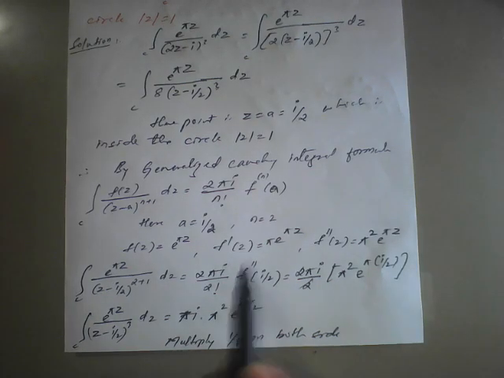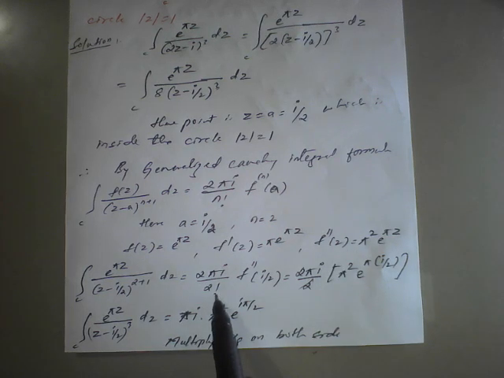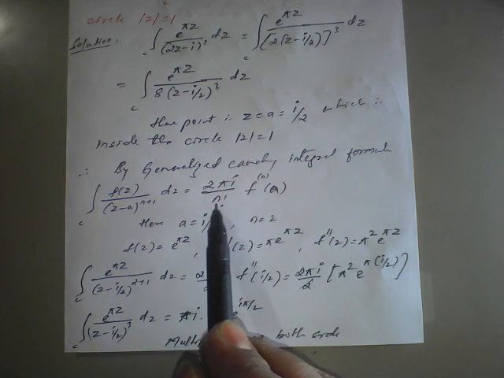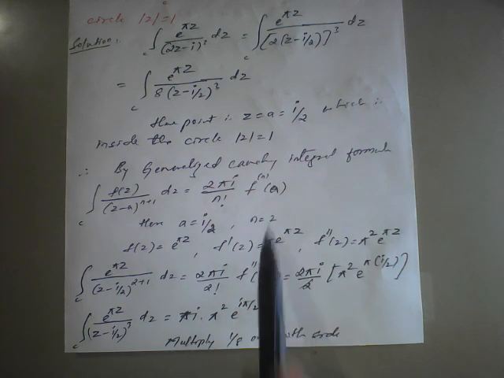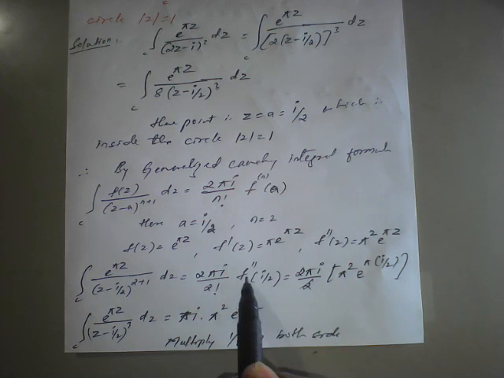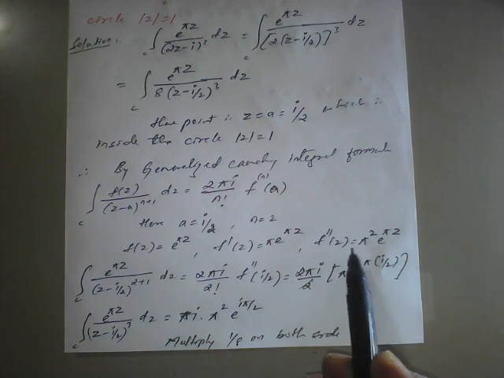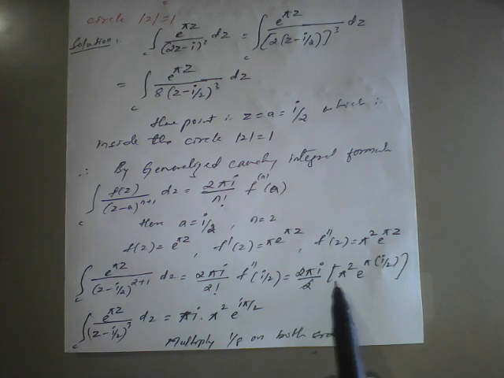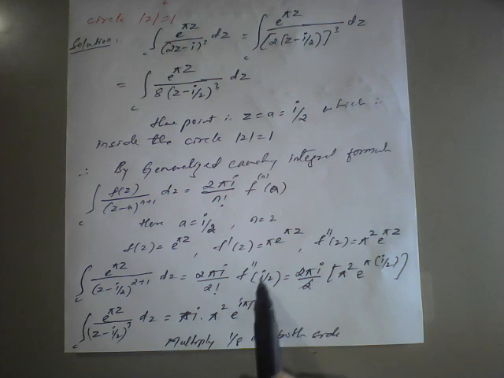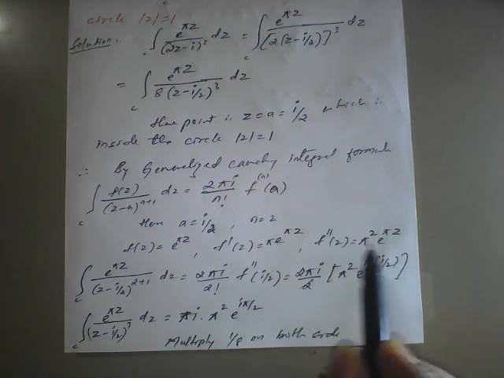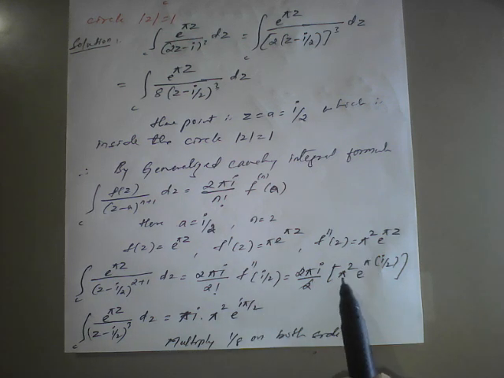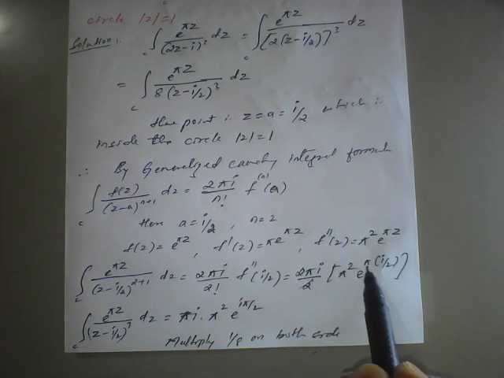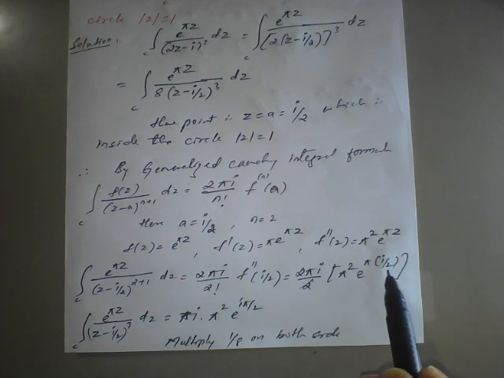Now apply these values. We get 2 pi i upon 2 factorial, because n is 2, times f double dash of a, where a is i upon 2. So in f double dash of z you apply z as i upon 2. It becomes pi square times e raised to pi times i upon 2.